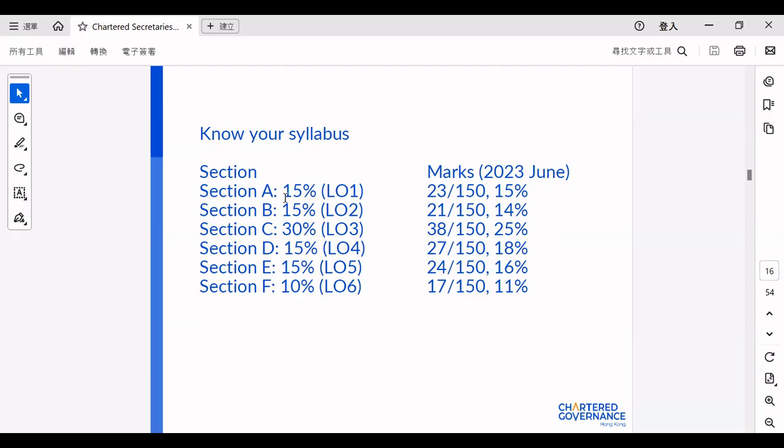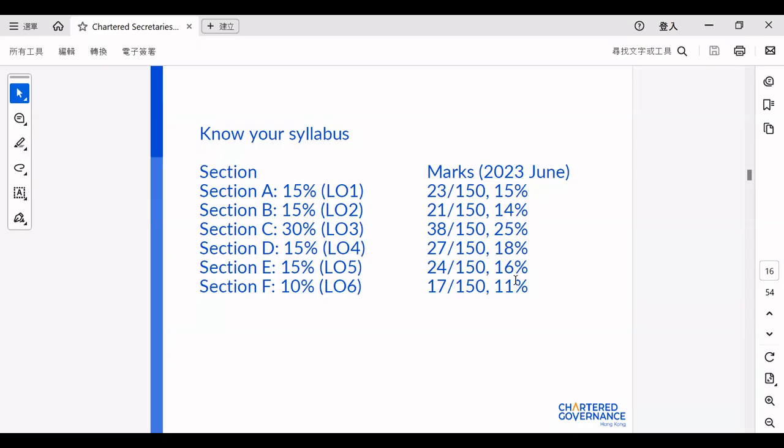The marks allocation is probably comparable with the suggested workload. So 15, 25, 3 marks will be asked on section A, 14, 25, etc. Of course, it's not an exact percentage, but you can see it's more or less the same thing.